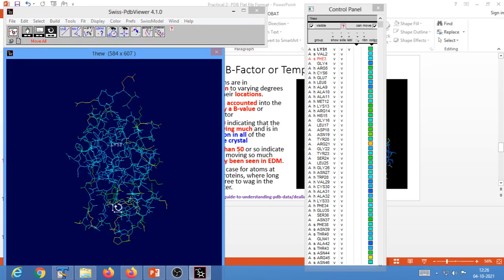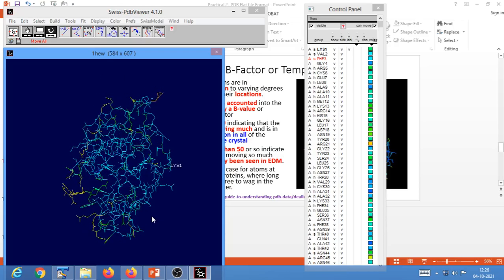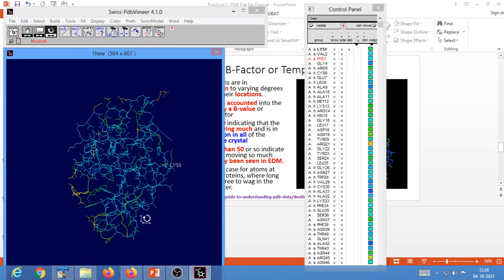Okay, so when you color your protein molecule by B factor, it colors it as per the visible spectrum. That is, the atoms having the lowest B factor are colored in the shade of blue, while the atoms having the highest B factors are colored in the shade of red.